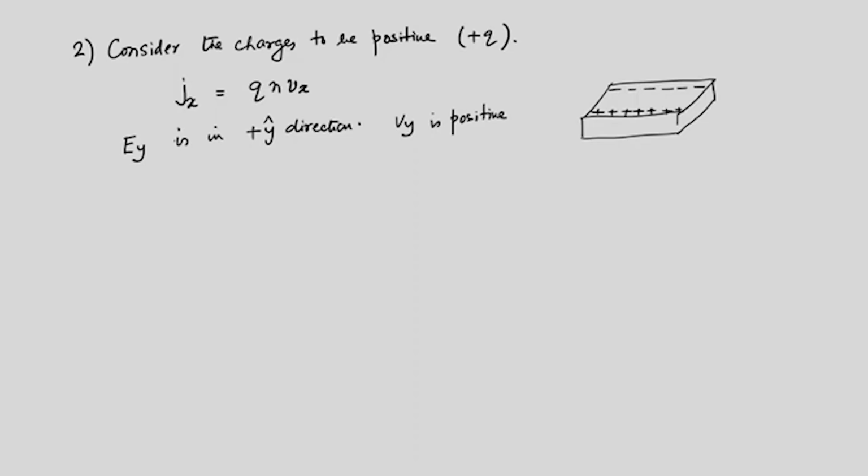So, now what are the quantities? Let us do a little calculation on the quantities that we actually measure. Okay. And the quantity that we measure, which has been told earlier, is called the Hall coefficient.